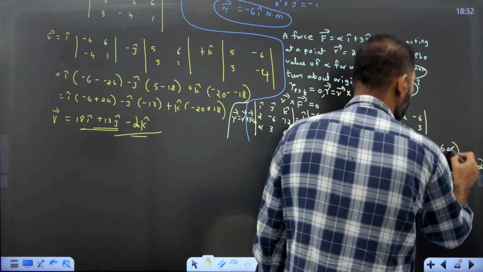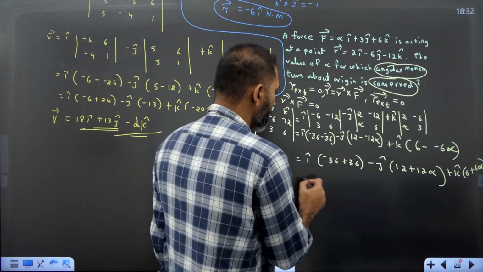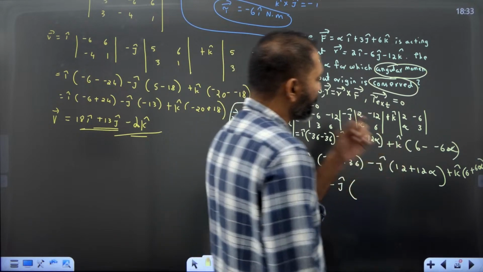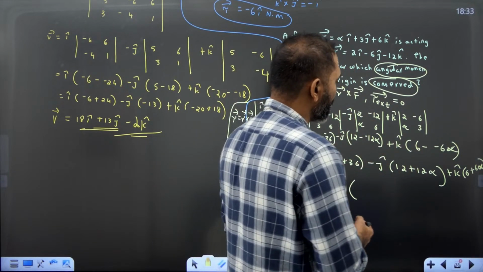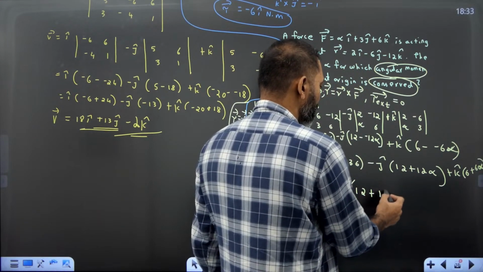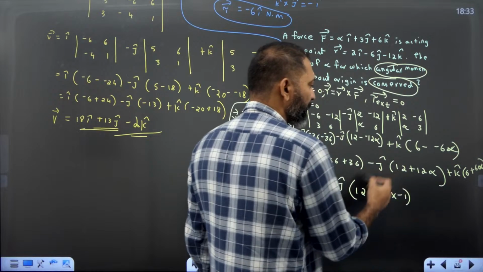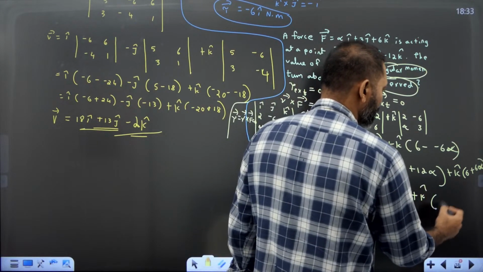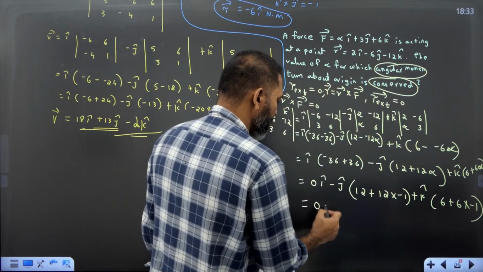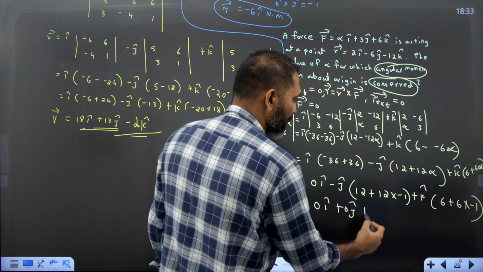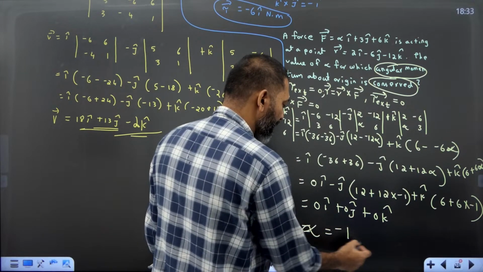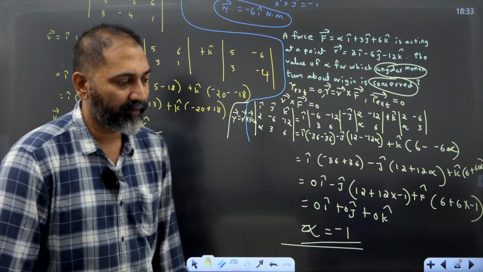So alpha has to be minus 1. 12 plus 12 into minus 1 gives 0, and k cap into 6 plus 6 into minus 1 is 0. So 0 I cap plus 0 j cap plus 0 k cap. The value of alpha is minus 1.